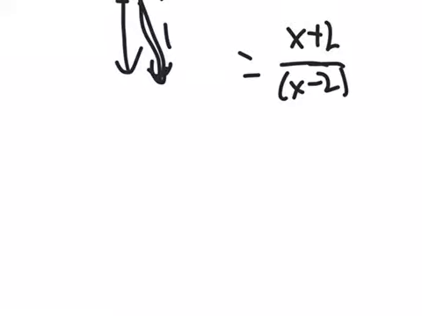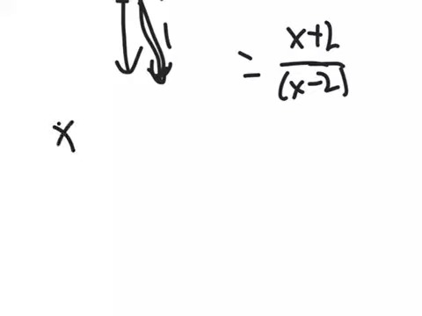Now that we have that graph, x has an asymptote at 2. Now we're going to write appropriate approach statements.